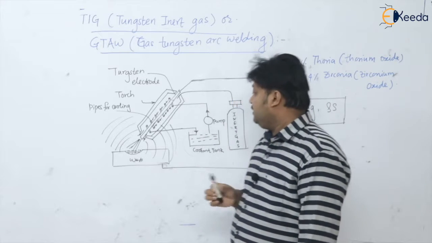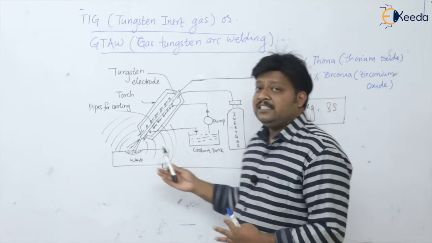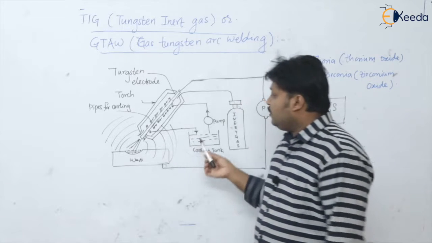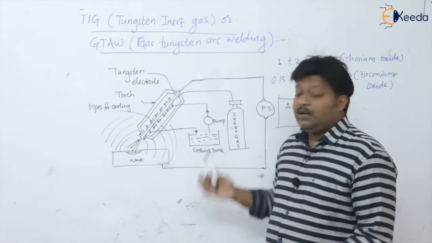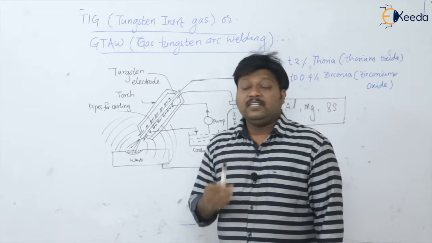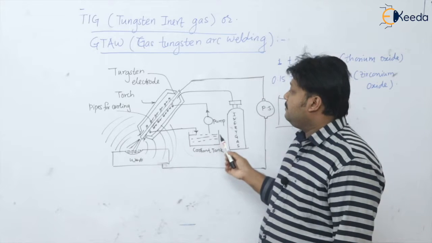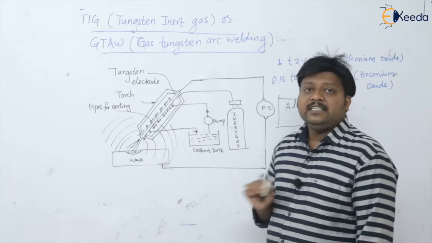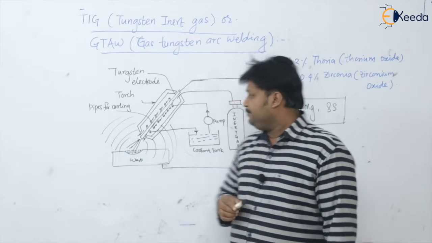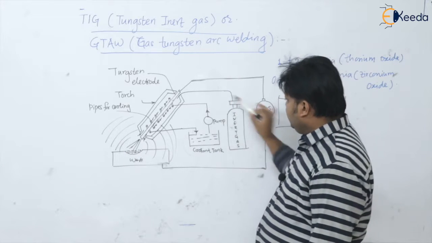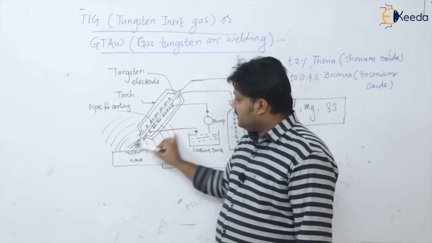That's why, compared to the other shielding arc welding processes, the cost of this setup is quite high. So the running cost of the TIG equipment is quite higher if you compare with MIG and all. So here the inert gas is supplied.